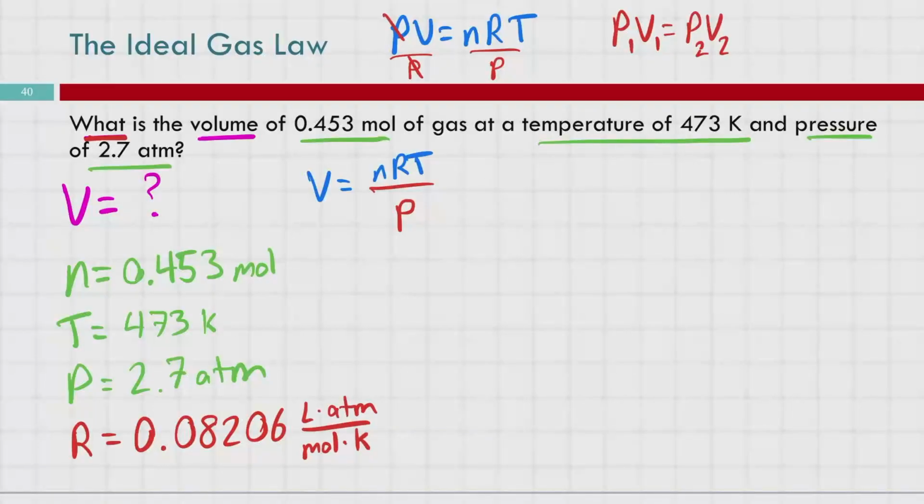What we need to check at this point, before we plug stuff in, or maybe after we plug stuff in, it doesn't really matter, is that our units are correct. So for our R value, we've got moles. For our N, we have moles. For our temperature, we have Kelvin. In our R value, we have Kelvin. We also have atmospheres in our R value. We have atmospheres given to us in pressure.